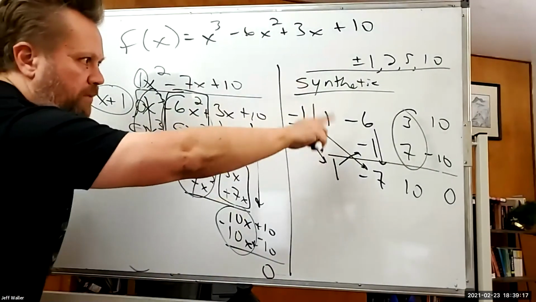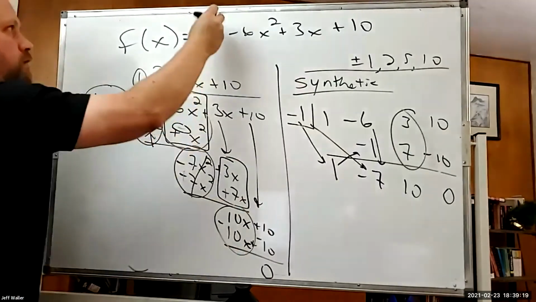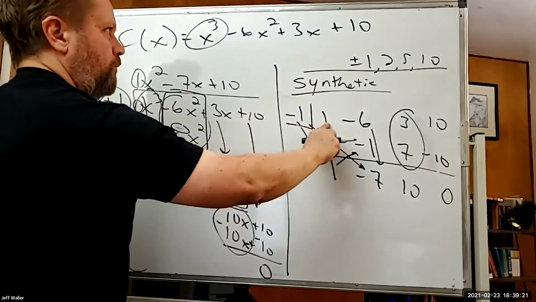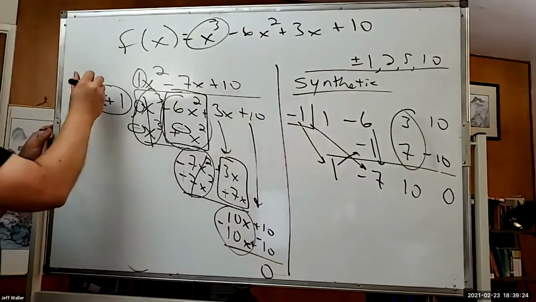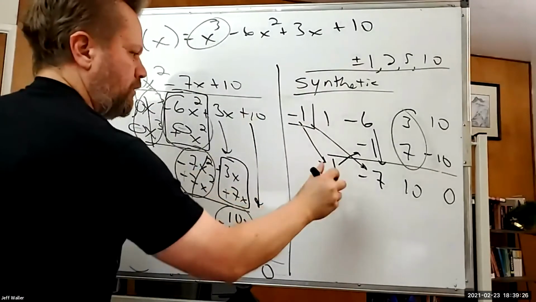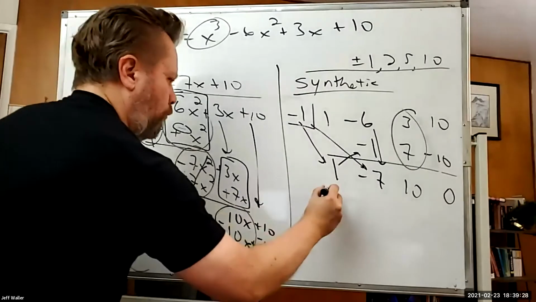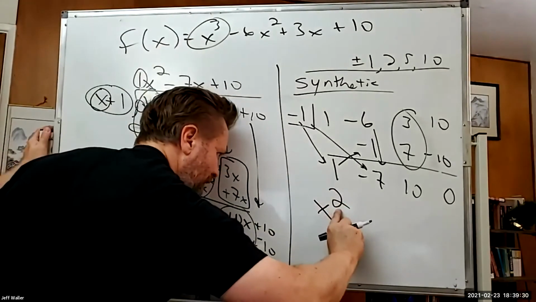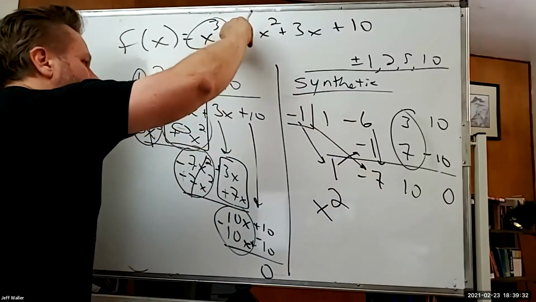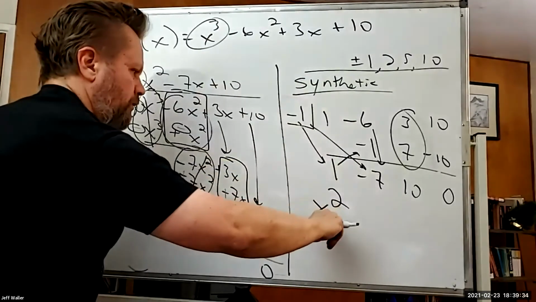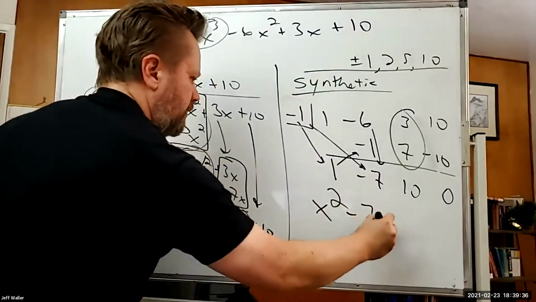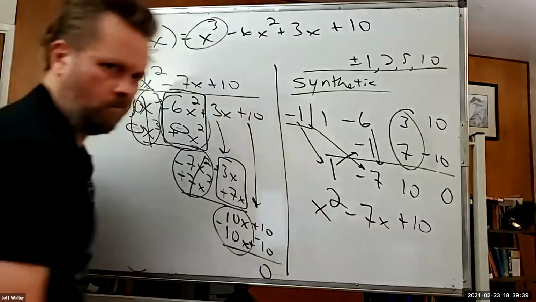This thing only picks out what's important. What did it start off as? Cubic. So when I divide it by x, these are going to be the coefficients of 1 power less. So if it was x cubed, these are now starting at x squared. So x squared minus 7x plus 10.